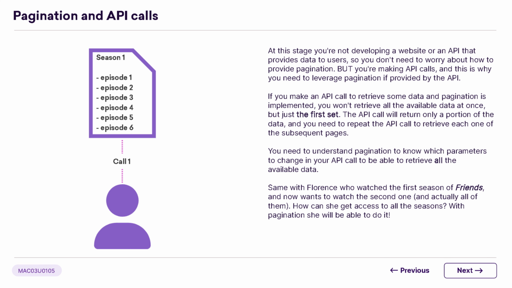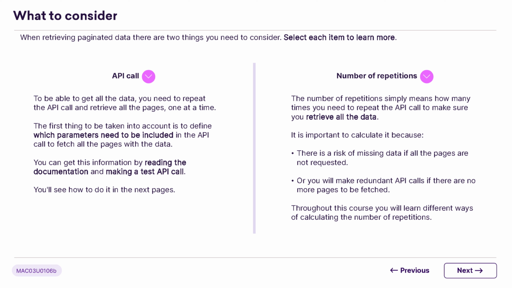When working with APIs that use pagination, there are two crucial aspects to consider: making the right API calls and determining how many times you need to repeat these calls. First, you'll need to ensure you can extract all the data by repeating API calls page by page. This involves identifying the necessary parameters, which you can figure out by reviewing the API documentation and conducting test calls.